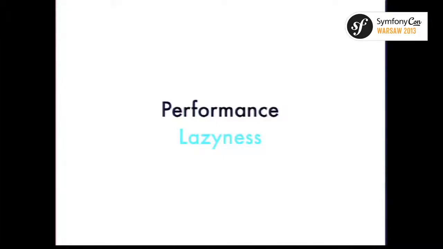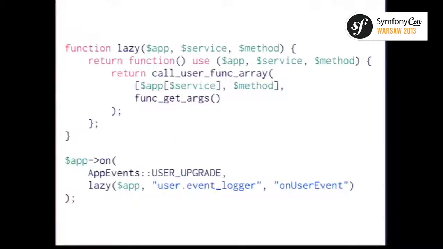So if you wanted to do it lazily, you need to do something like this. You need to create a higher order function that will return a function that will pull your service out of the container and then call a method on it. It's just a little bit messy, I appreciate, but at the same time, it's 5 or 6 lines of code that could make your application a bit more performant.